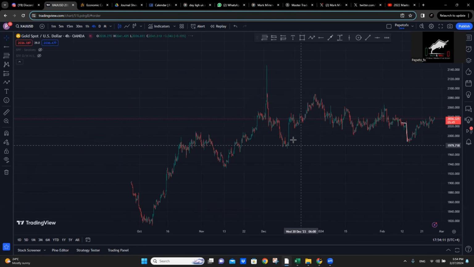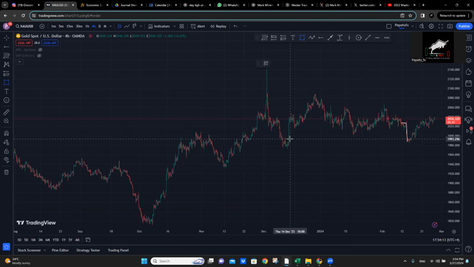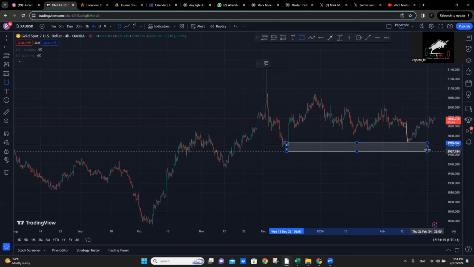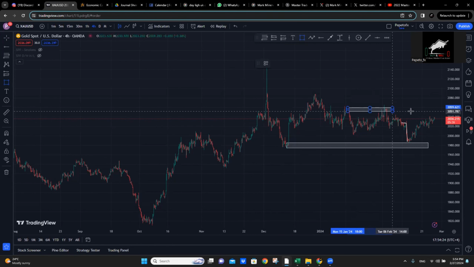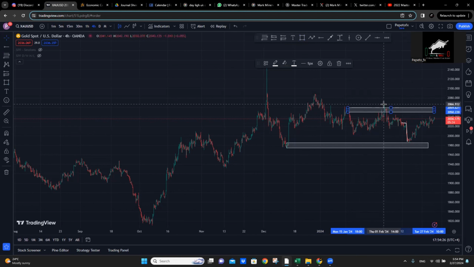Next. Here you see a clean S&D to up. Here you see a clean fair value gap, order block, liquidation, and then continuation to downside. These are S&D levels. Got it?